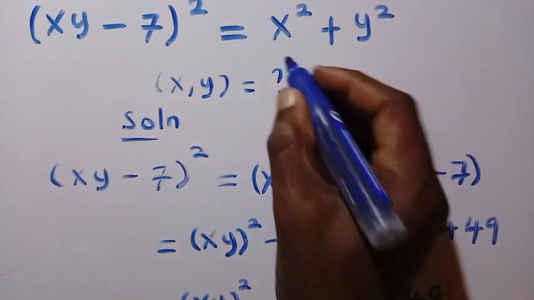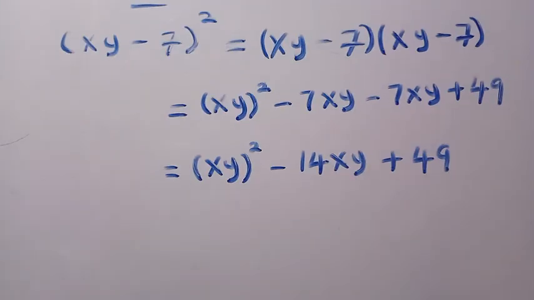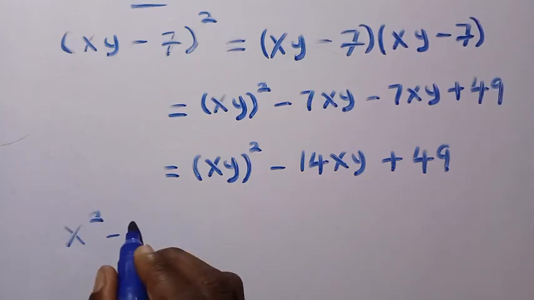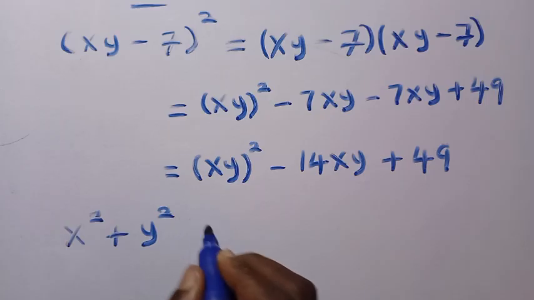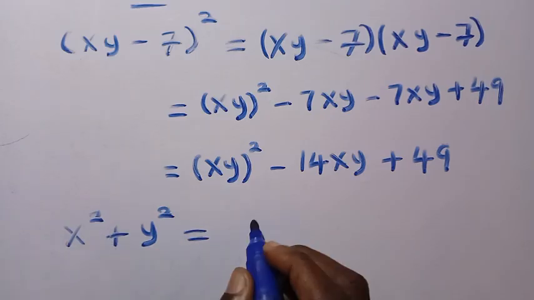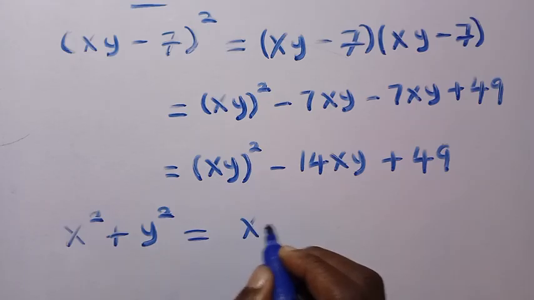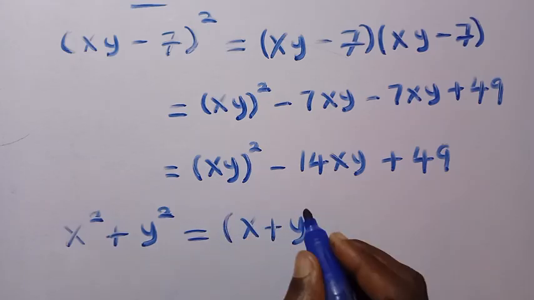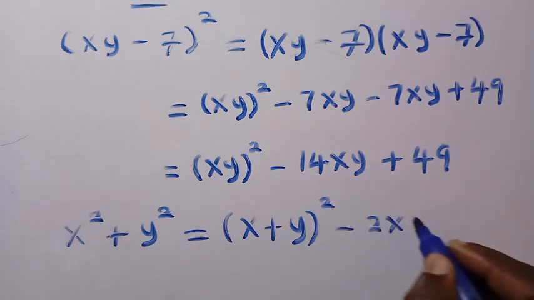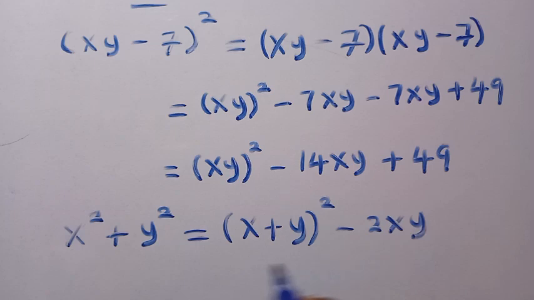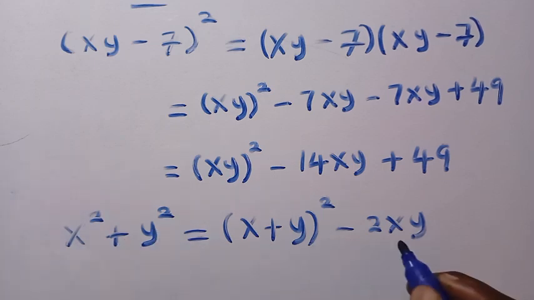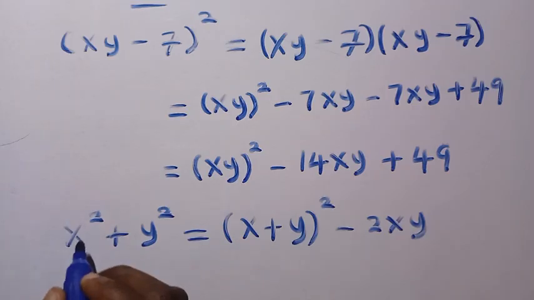And again, if you consider x² + y² on the right-hand side, suppose I write this as (x + y)². By subtracting 2xy from this, we are still referring to x² + y², if we are able to expand this. So this is what we have.